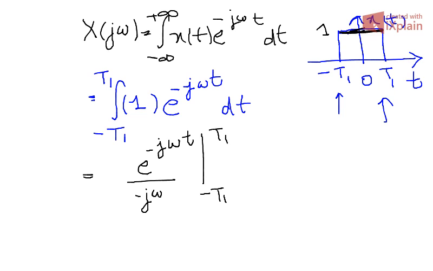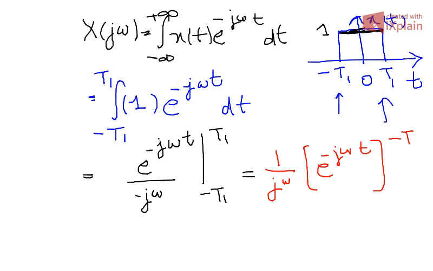Now we can consume this negative sign by just inverting the limits, and we can write this equal to 1 over j omega, e raised to the power minus j omega t, with the upper limit minus t1 and the lower limit t1.